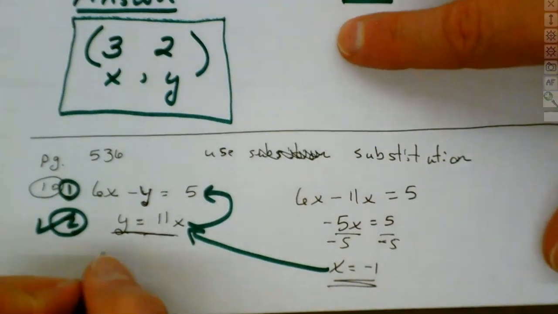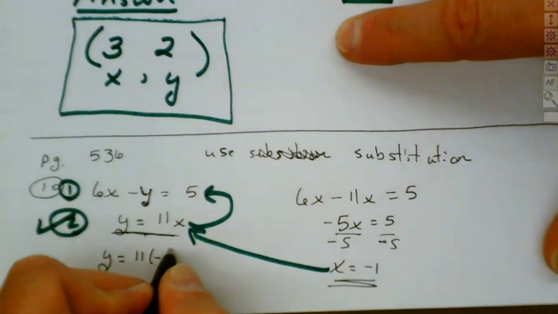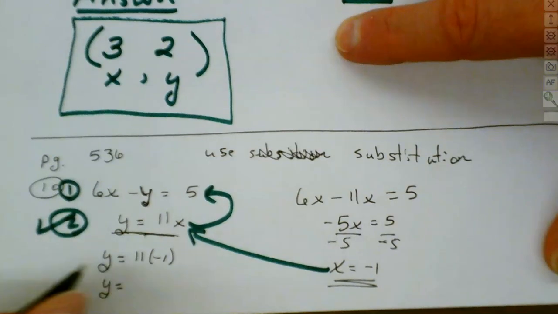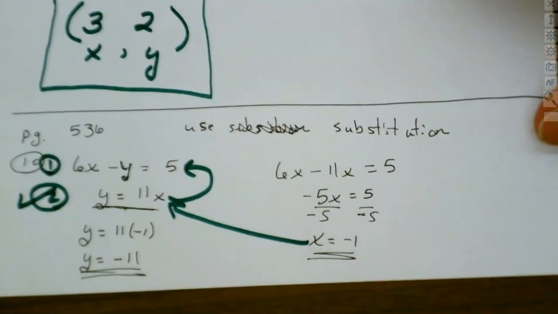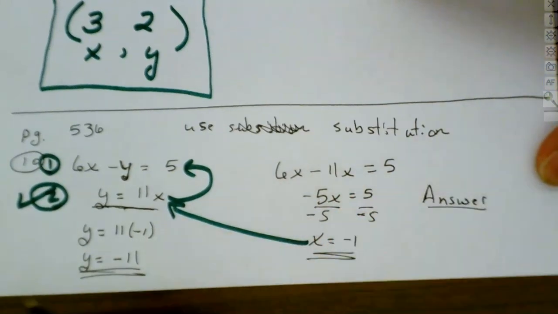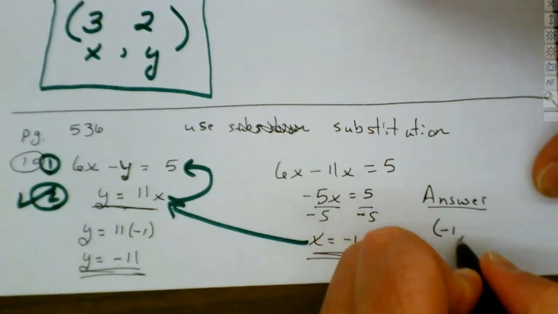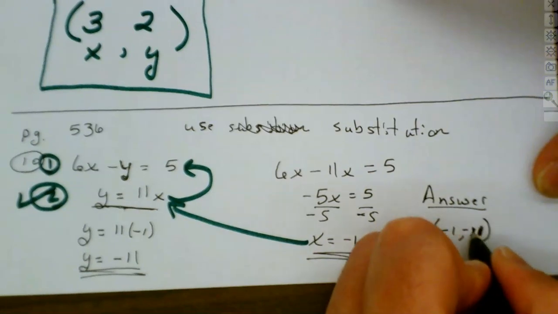If I plug it back in over here, then I get y equals 11 times negative 1. So y equals negative 11. Make sure you write your answer as an ordered pair. And as an ordered pair, that would be negative 1, negative 11.